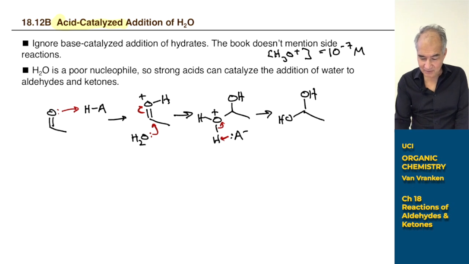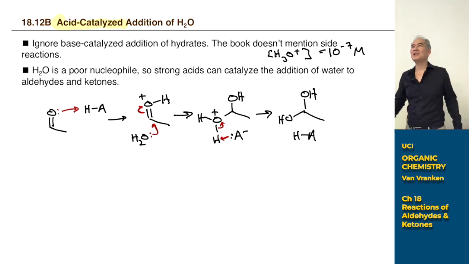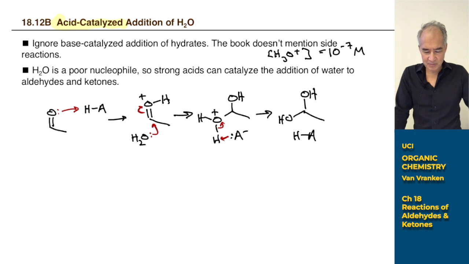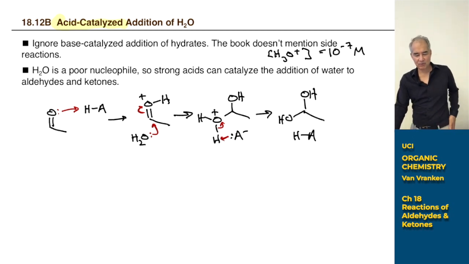I've got my acid right here, just sitting there, waiting to protonate. I can't stop this acid from reprotonating the oxygen and driving the reaction back. The acid catalyzes the forward and the reverse reactions equally well. There's only one transition state going from one intermediate to the other, and the acid helps you get back and forth. So you can't change the equilibrium constant, but acids can affect the rate at which you establish that equilibrium.